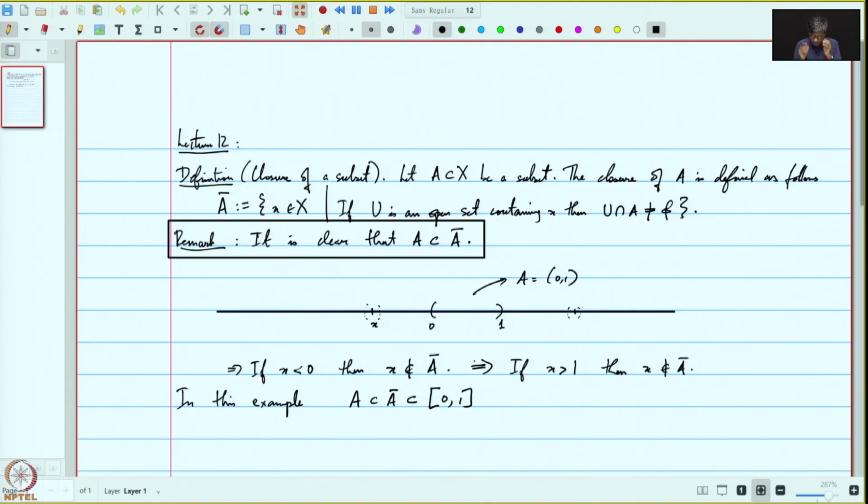So let's see if they satisfy the definition of being in the closure.